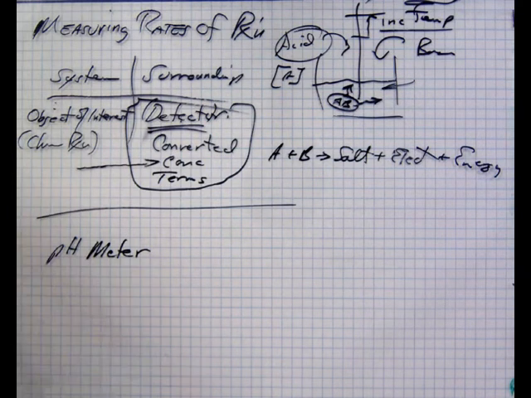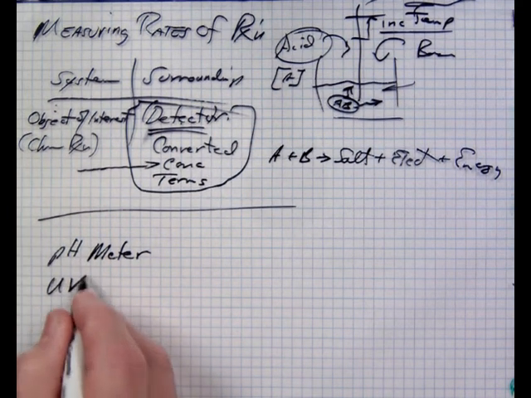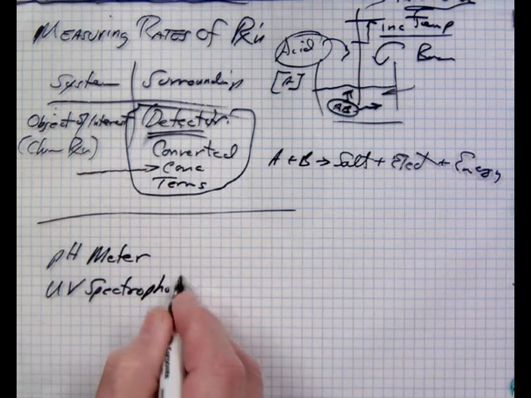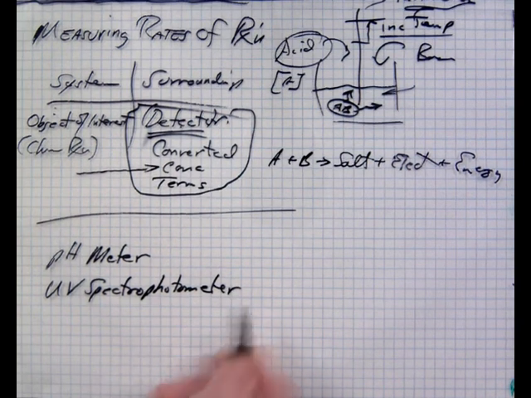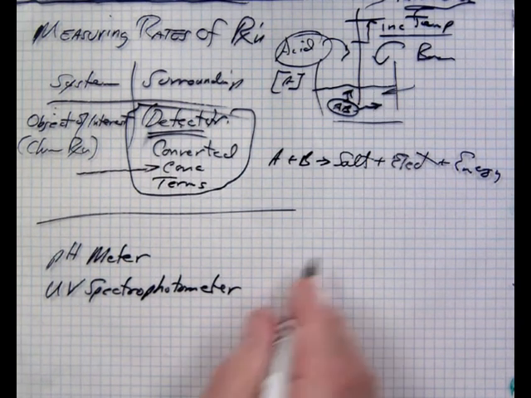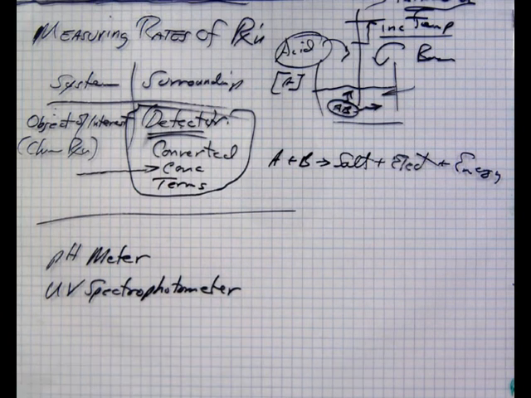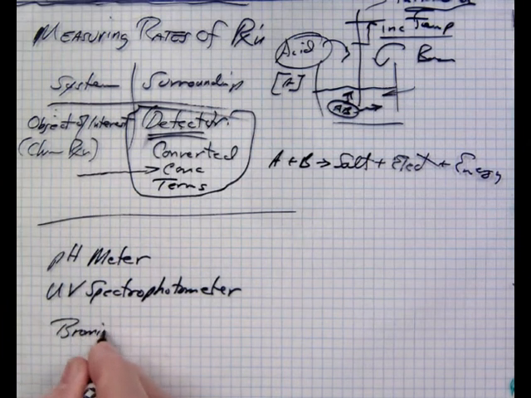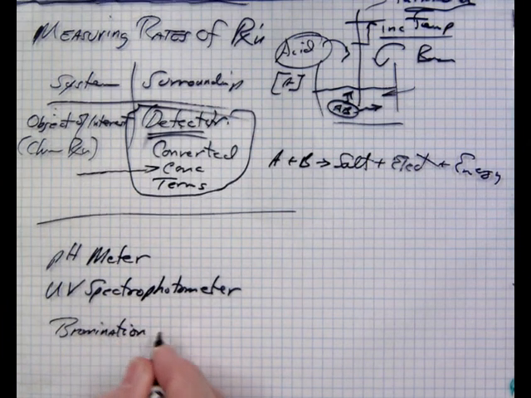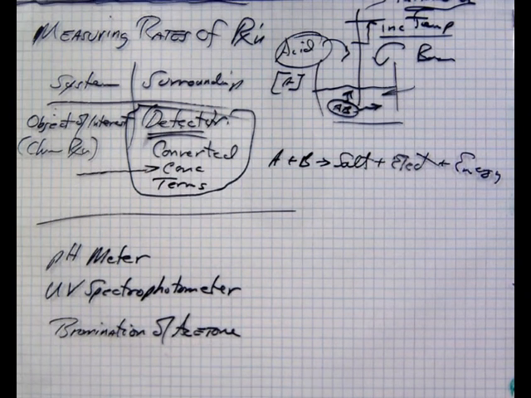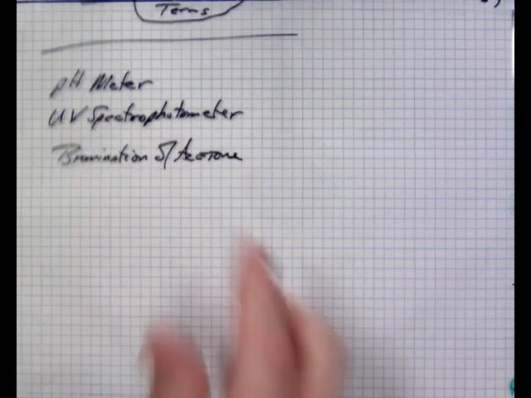Okay, UV spectrophotometer. A unique and interesting reaction that is frequently done in the labs is called the bromination of acetone. Very interesting looking type reaction.